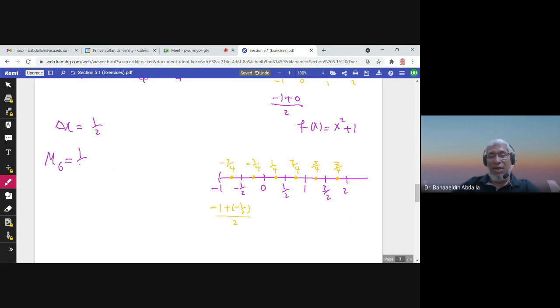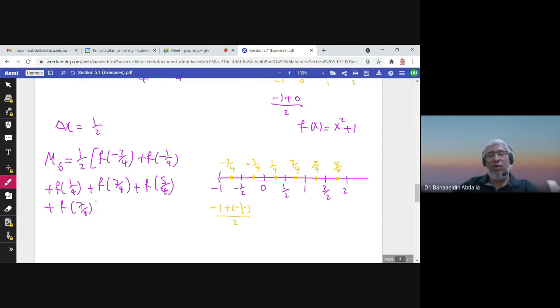The width is half, and the length of the first rectangle is f of negative 3 over 4 plus f of negative 1 over 4 plus f of 1 over 4 plus f of 3 over 4 plus f of 5 over 4 plus f of 7 over 4, and you have 6 rectangles.